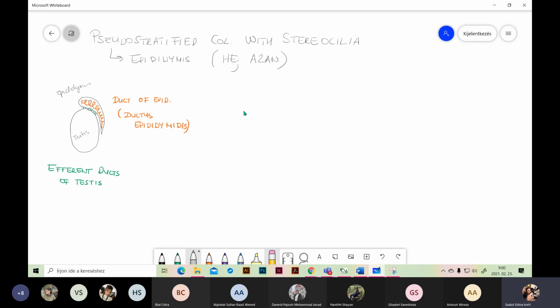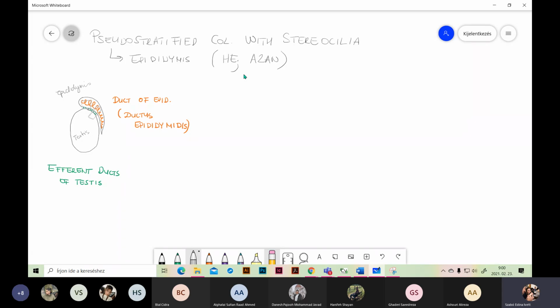The main thing is to be able to distinguish these ducts. But there are some slides which also contain the testis part, like this. This slide will be the Azan stain slide. They will be different.